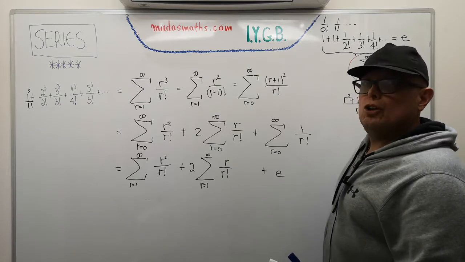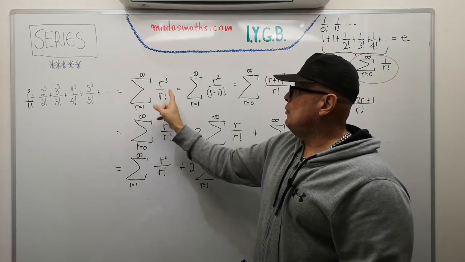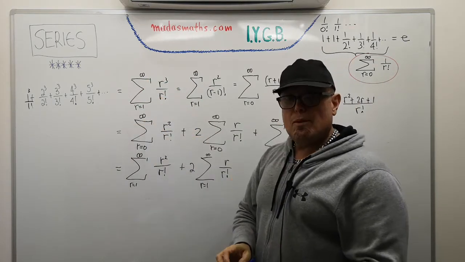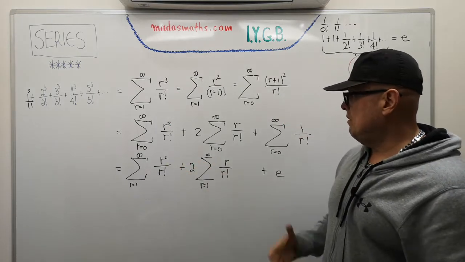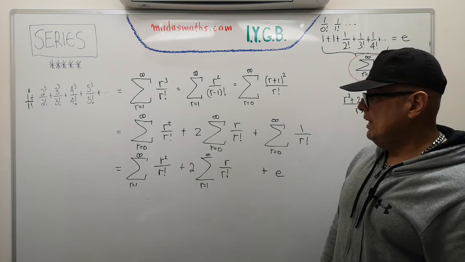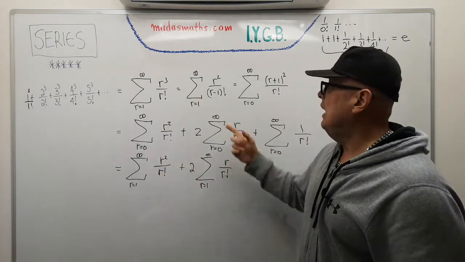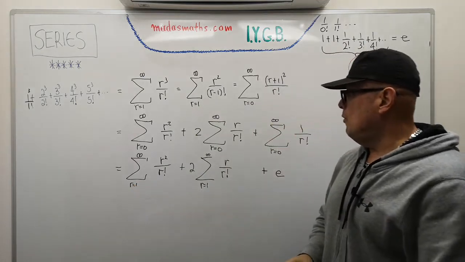The thing to notice is, if we look at the very beginning, we started with something which looked like this, r cubed over r factorial, starting from r is equal to 1. And now we got two sigmas which are practically of the same family, only simpler because of course the r cubed has reduced to r squared and to r, which is even simpler, and both start from 1.